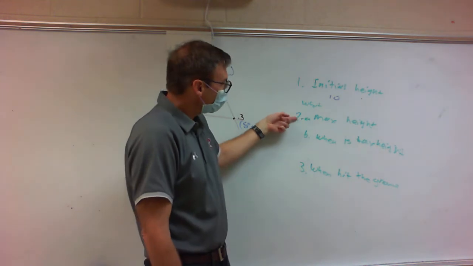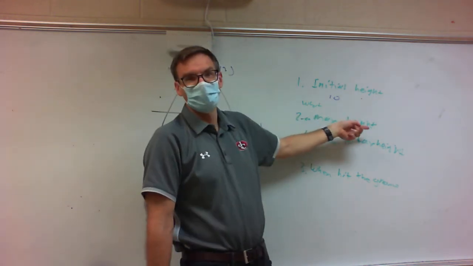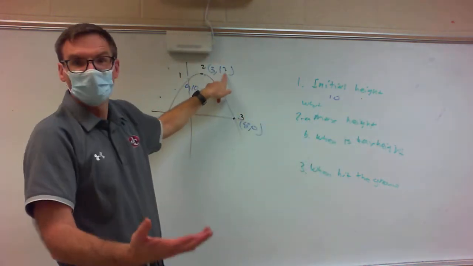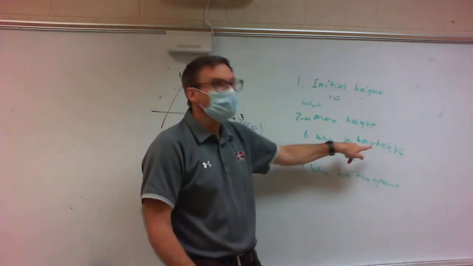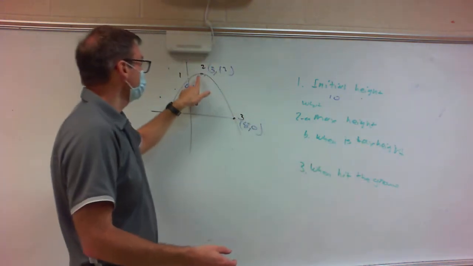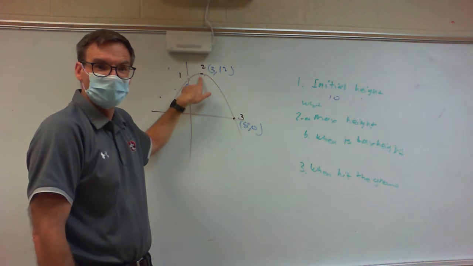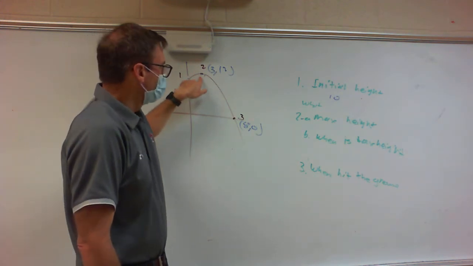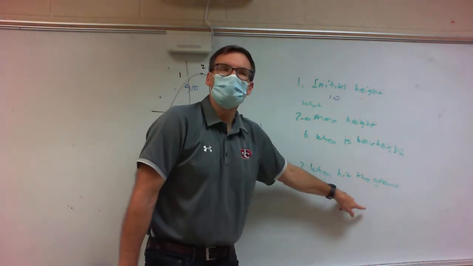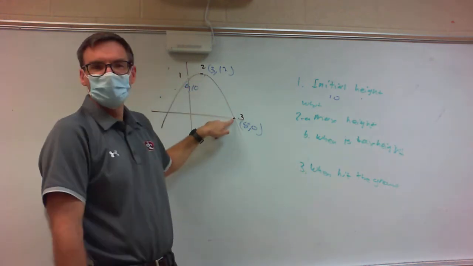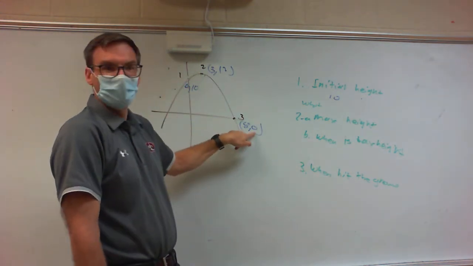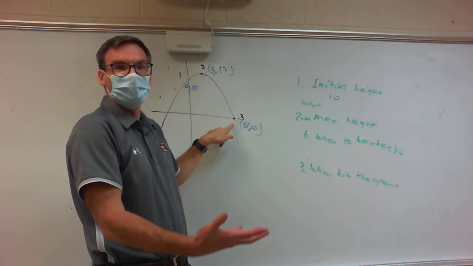So for 2 part A, if I say, what's your maximum height? Well, that's like our vertex, it's 12. If I say, when do we have our max height? That's the x value. Well, it takes 3 seconds to get to the max height. And then the last question is, when does the ball hit the ground? Well, how long until it hits the ground? Well, it hits the ground at y is 0, whatever the x value is.